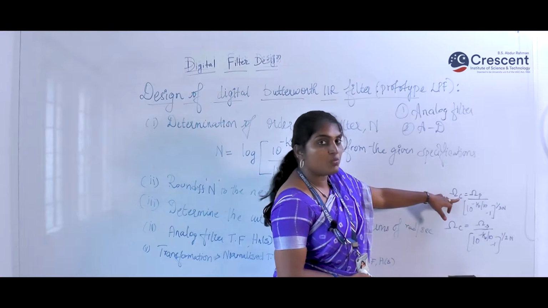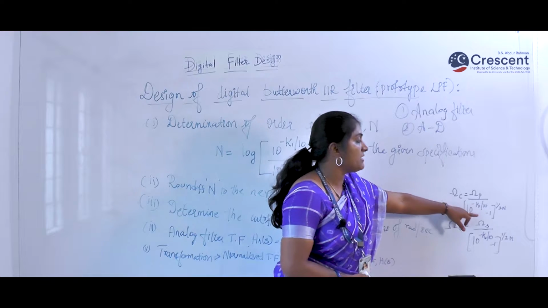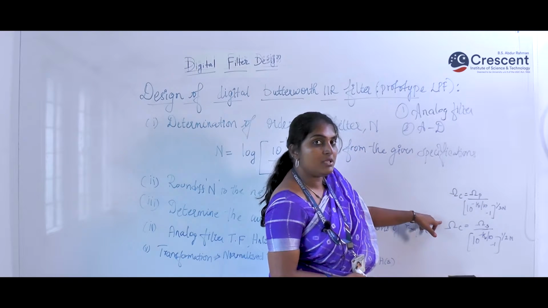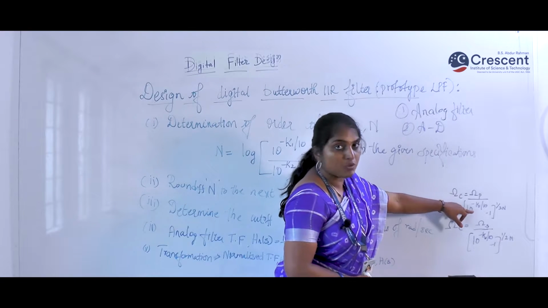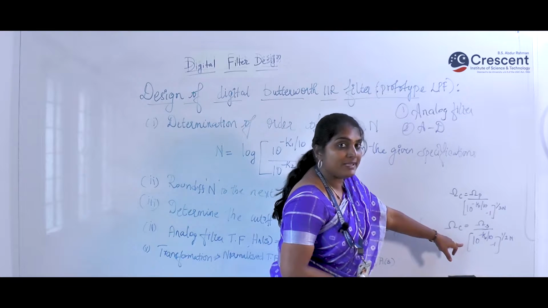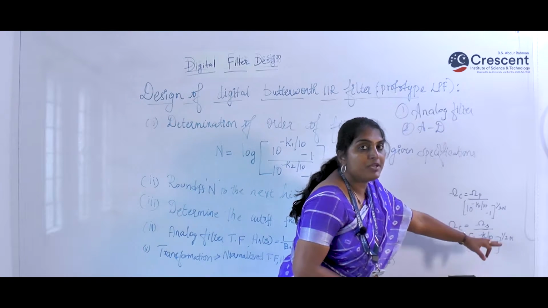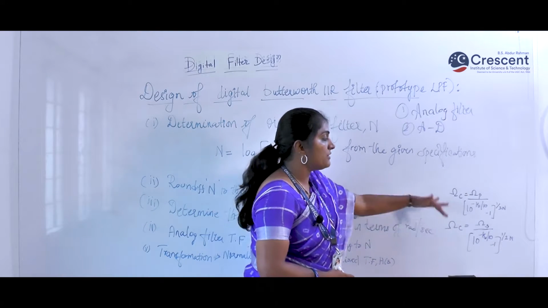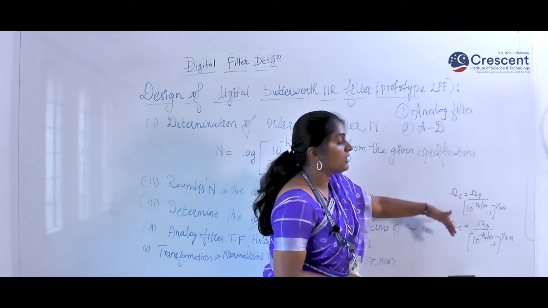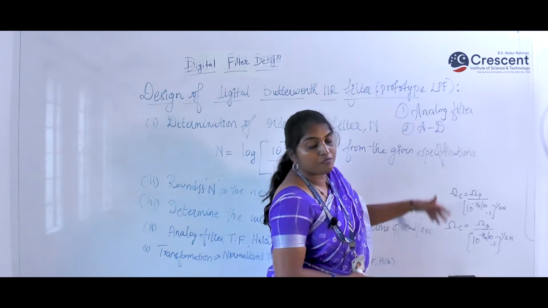So omega c is equal to omega p divided by (10 to the power of minus K1 by 10 minus 1) the whole power of 1 by 2n, and the same cutoff frequency can be expressed in terms of the stopband frequency also. So omega c is equal to omega s divided by (10 to the power of minus K2 by 10 minus 1) the whole power of 1 by 2n. We can express it either in terms of the passband frequency or the stopband frequency, or we can also take the average of these two frequencies.